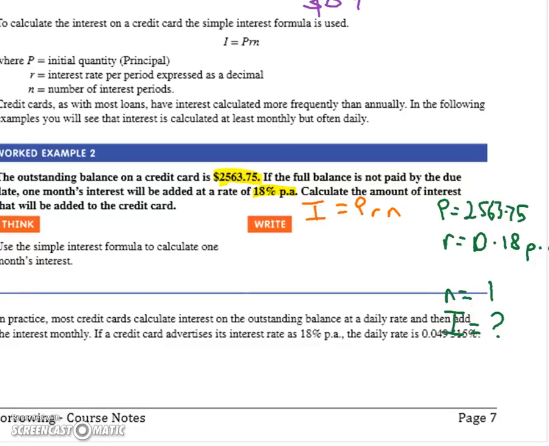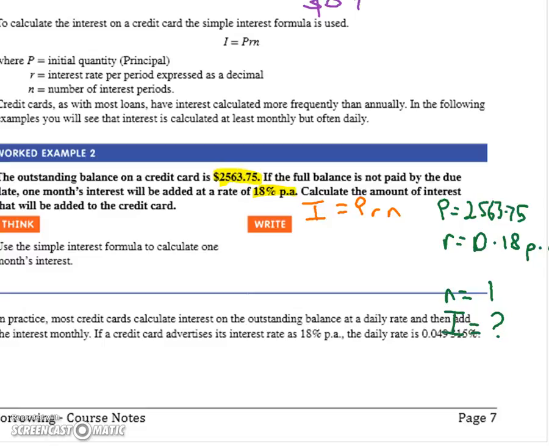One month. What's my interest rate? No, it's not. I got 0.18 or 18% per annum. How much interest do I want to do? 1 month.